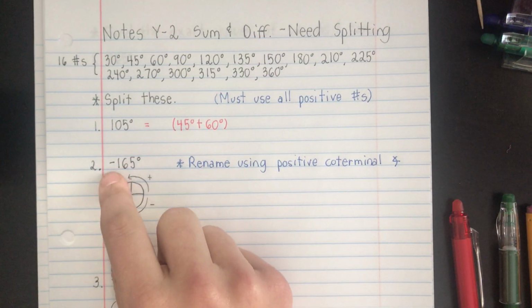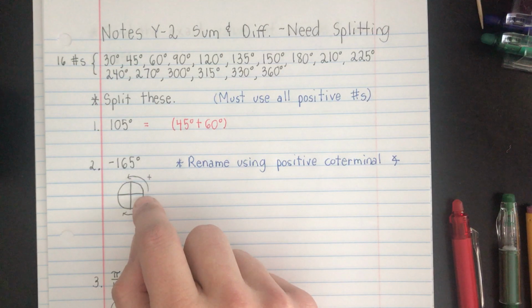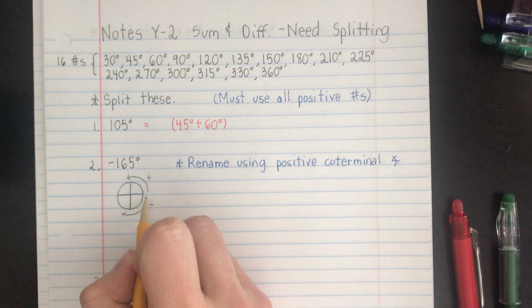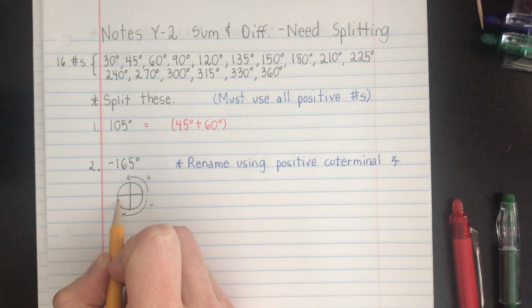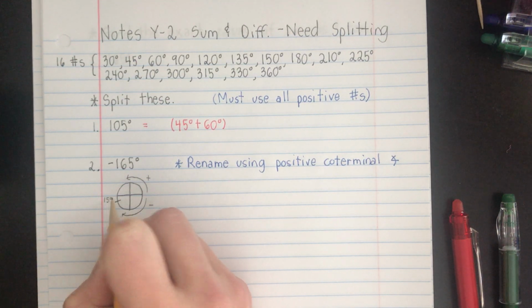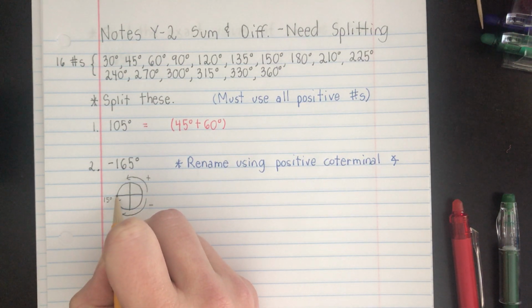So think about where negative 165 degrees is. Remember, this is the positive direction of the unit circle while this is the negative. If you start here and go this way in the negative direction, this is negative 180. So 165 would be 15 shy of that right here. If the difference between here and here is 15 degrees, this would be your negative 165 because that's negative 180.